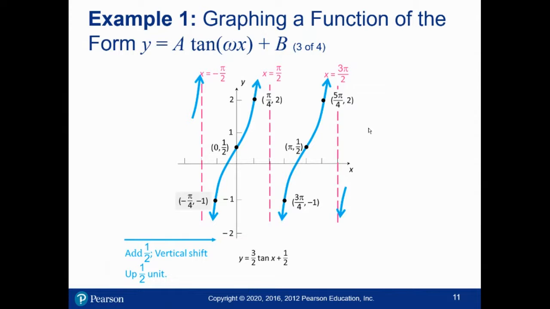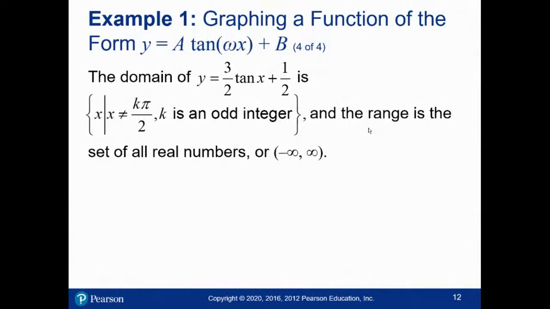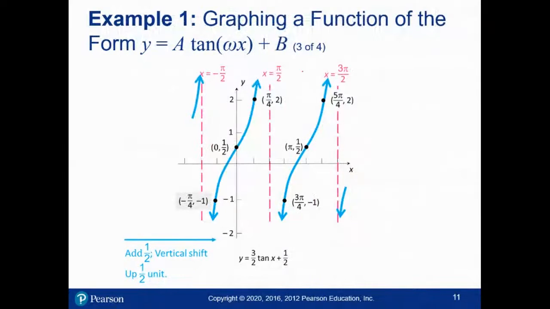So now that we've got this graph in front of us, can you answer questions about what's the domain and what's the range? Well, the domain is still the same and the range is still the same. Flipping back, our original tangent function had these as vertical asymptotes and went all the way down and all the way up. Stretching it vertically by 3/2 did not change any of that.